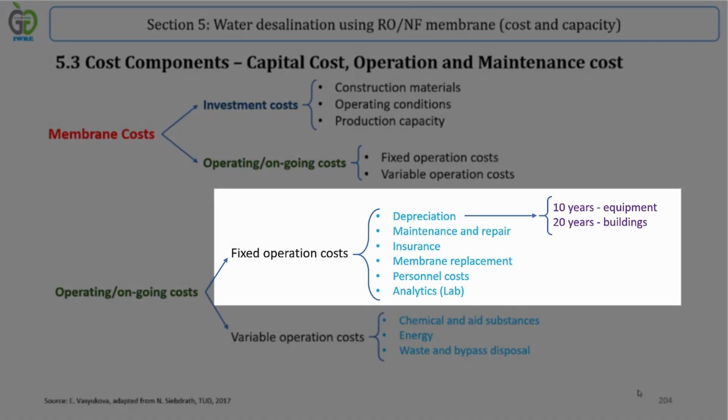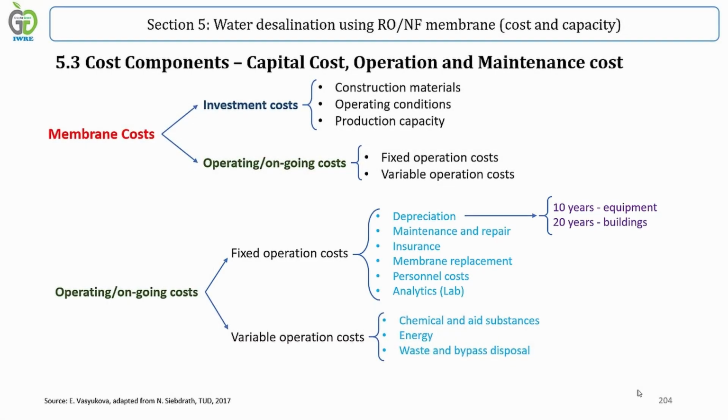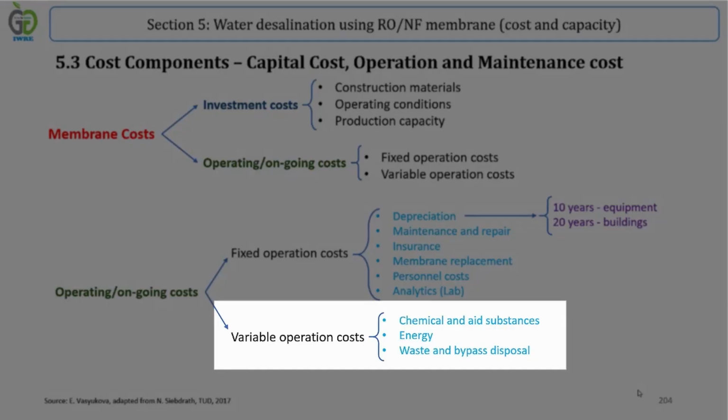The major components of fixed operation costs are depreciation, maintenance and repair, insurance, membrane replacement, personnel cost, and analytics. Chemical and acid substances, energy, waste, and bypass disposal can be included as variable operation costs.